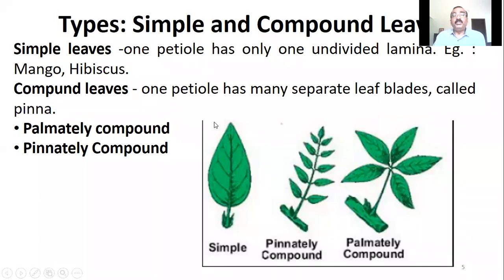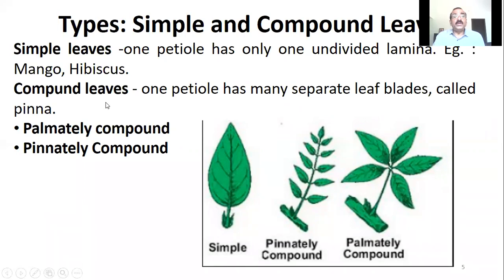So if one petiole has many separate leaf blades or divided leaf blades, then such leaves are called compound leaves, and each such leaf blade or lobe of the blade is called a pinna. So this is a pinna. So if the petiole has many pinnae, then it is called a compound leaf. If it has a single lamina, then it is called a simple leaf. Hope now the difference between a simple leaf and a compound leaf is clear.